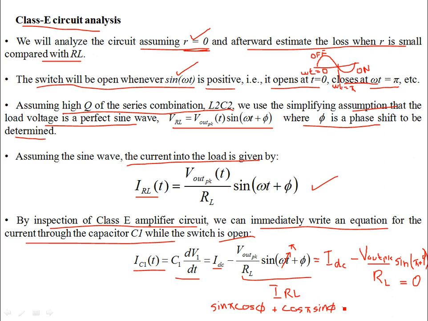This equals minus sine phi. Why? Because the first term is 0, since we have a sine pi there, and you're left with the second term. If you simplify this expression, what you get over here is IDC.